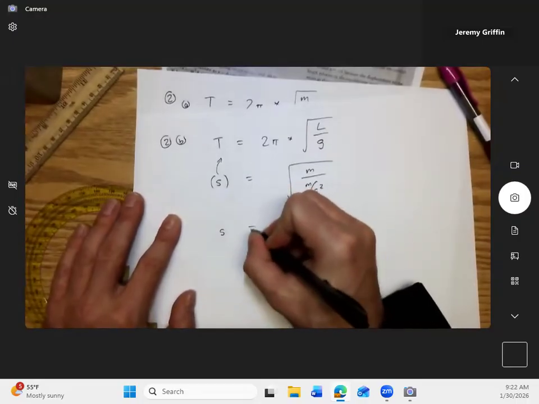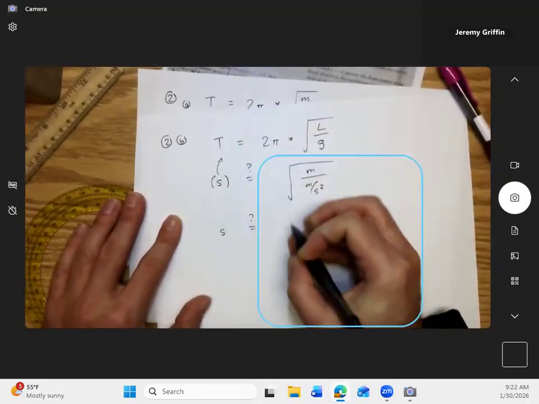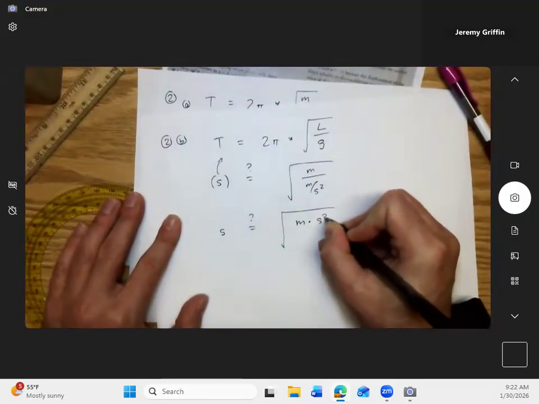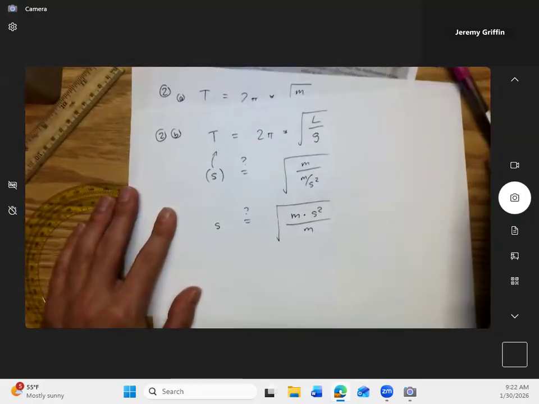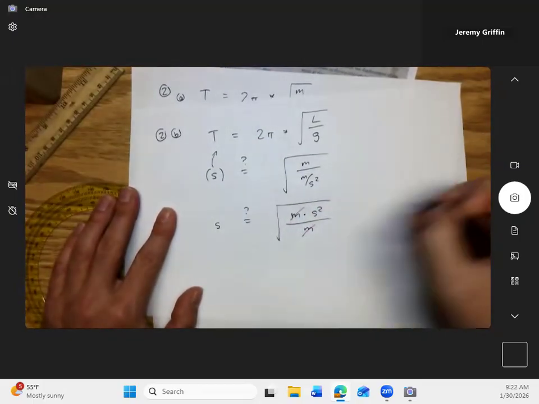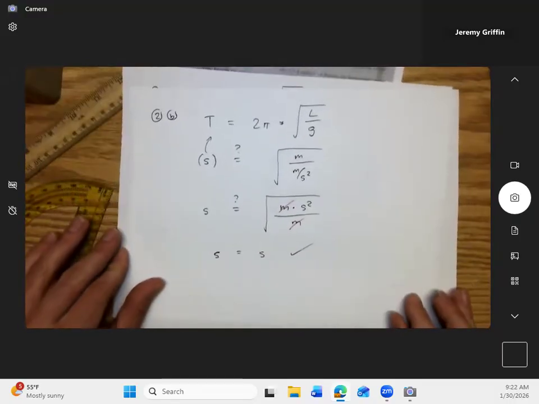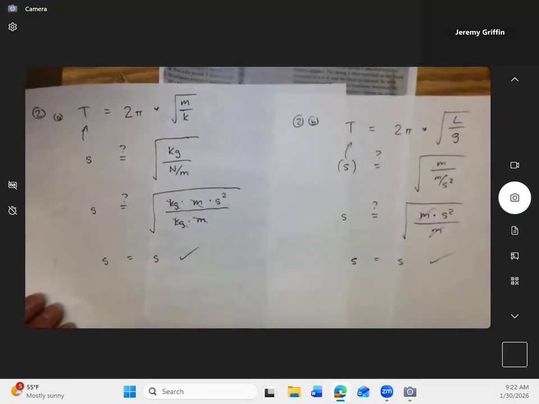So square root of meters times second squared over meters. Wow, seconds equals seconds. That's pretty easy. There you go.